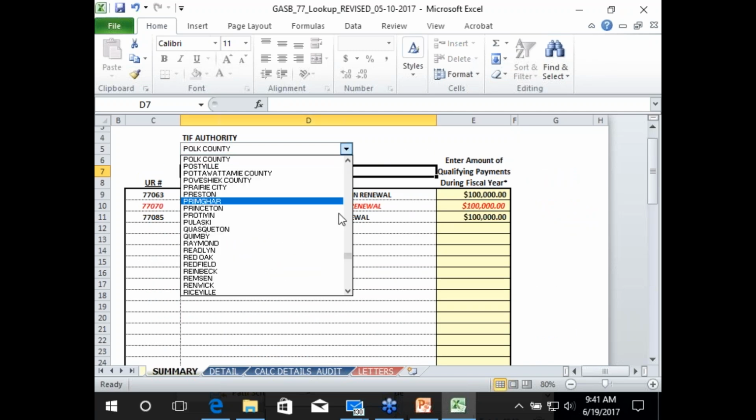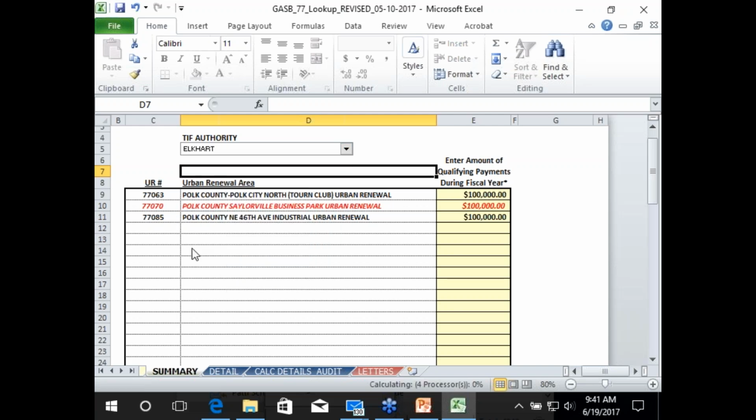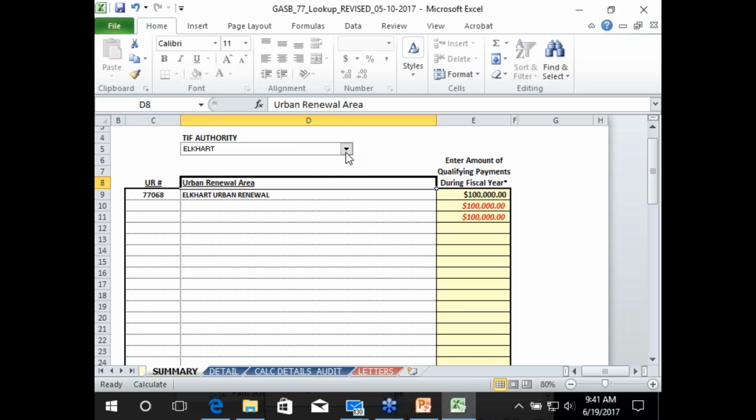Let's try Elkhart. Okay, Elkhart has 1 district.